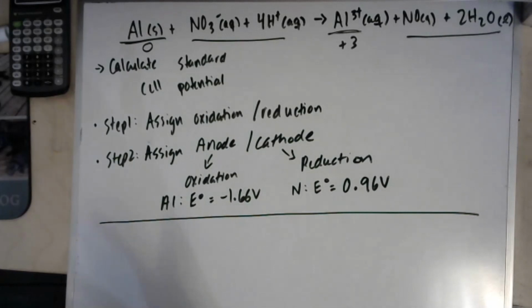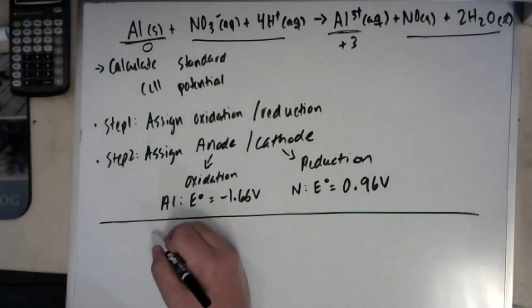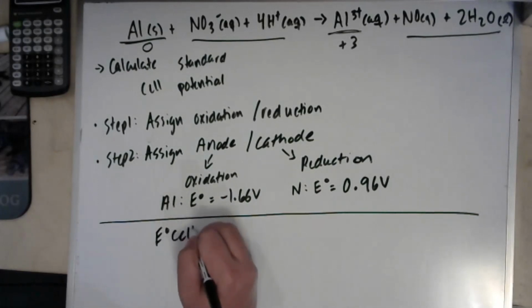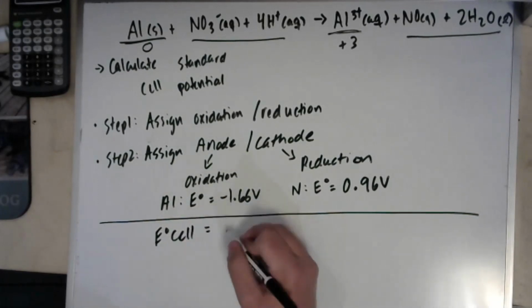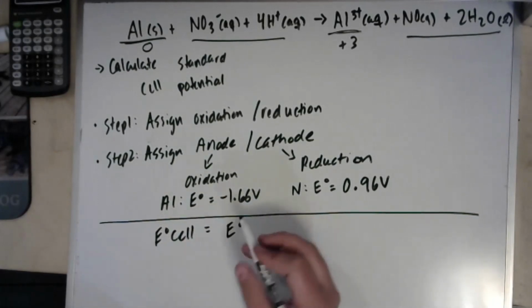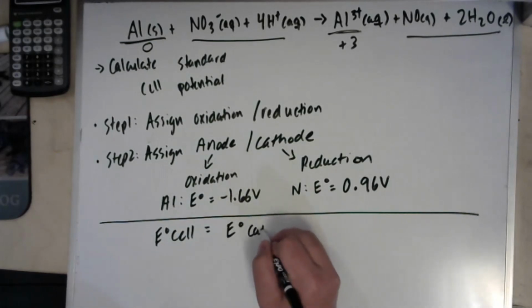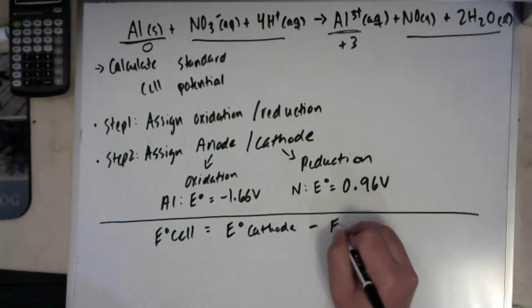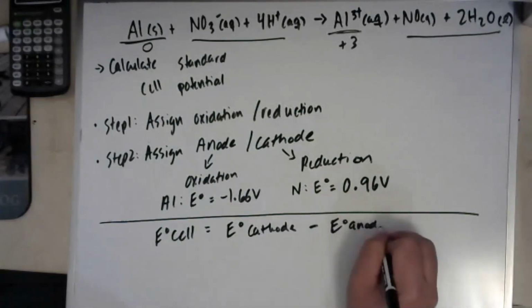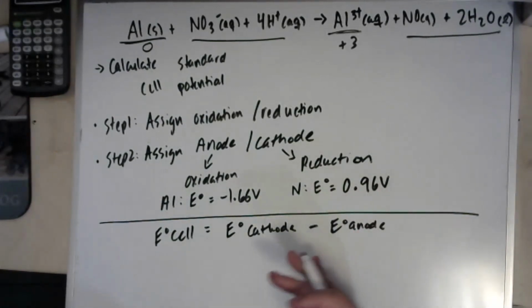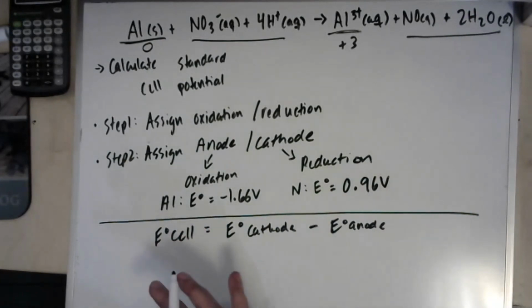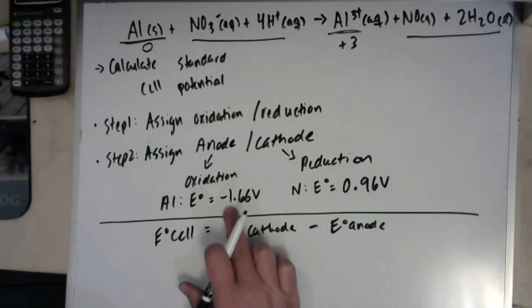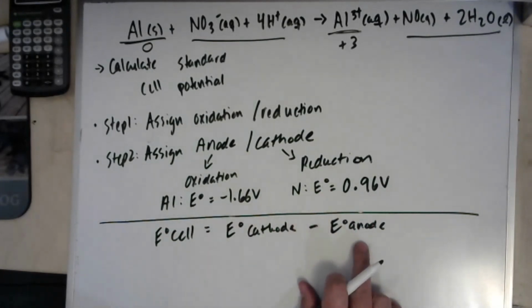Okay. The equation that your textbook works with looks like this: E cell equals the E value for the cathode minus the E value of the anode. This equation incorporates the sign flip that you need to do, which allows you to just plug the values directly into this equation.